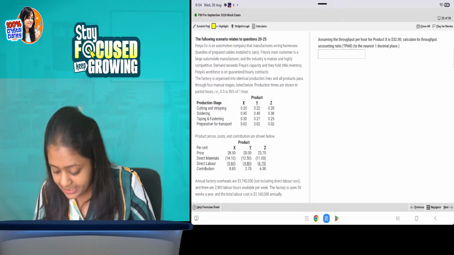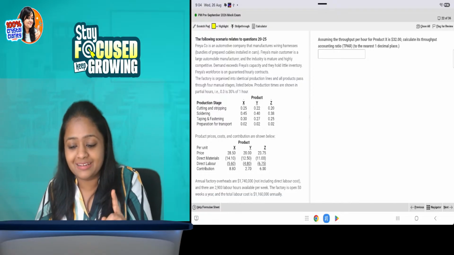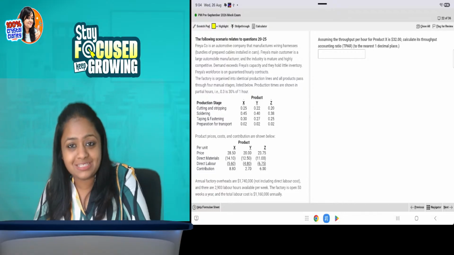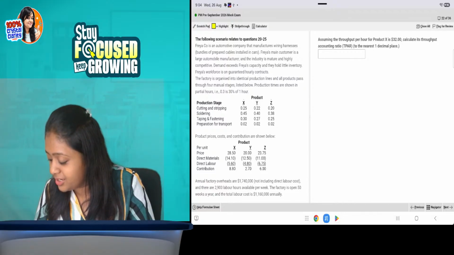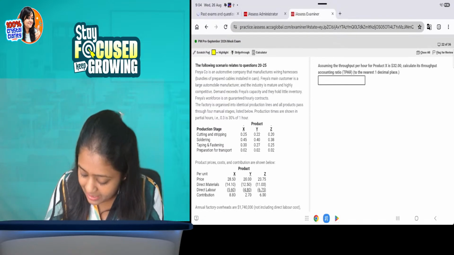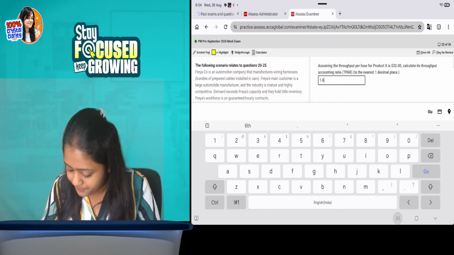So 20 is the cost per hour. Throughput is 32. Now divide 32 by 20 and you get 1.6. So TPAR to one decimal place will be 1.6. Done.